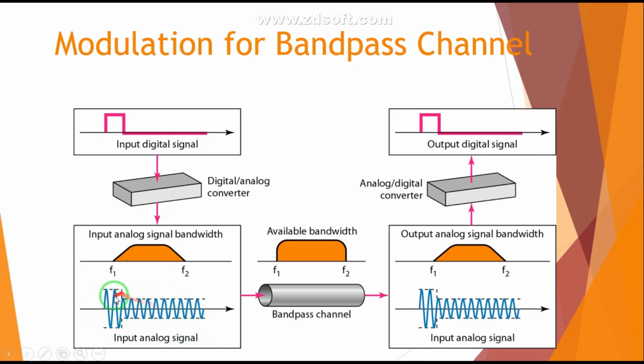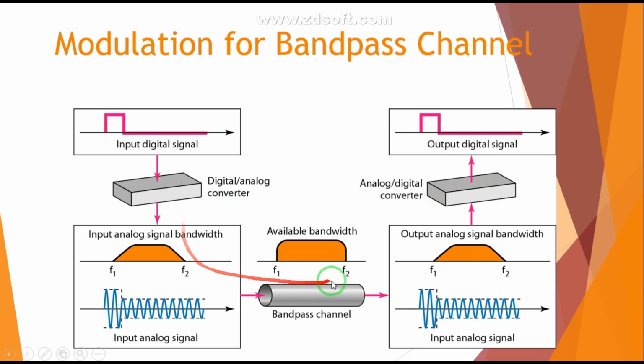And over here, it has used ASK modulation, amplitude shift keying modulation. For logic 1, higher amplitude, and for 0, low amplitude. And then it is transmitted, and at the receiver, the inverse happens. That is, this analog signal is converted into digital data by means of this A to D converter.